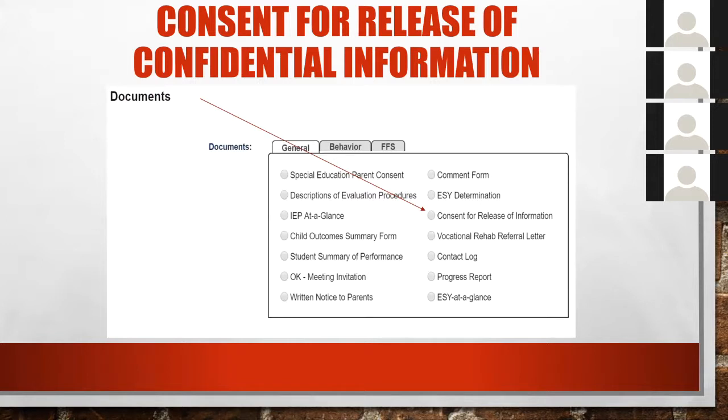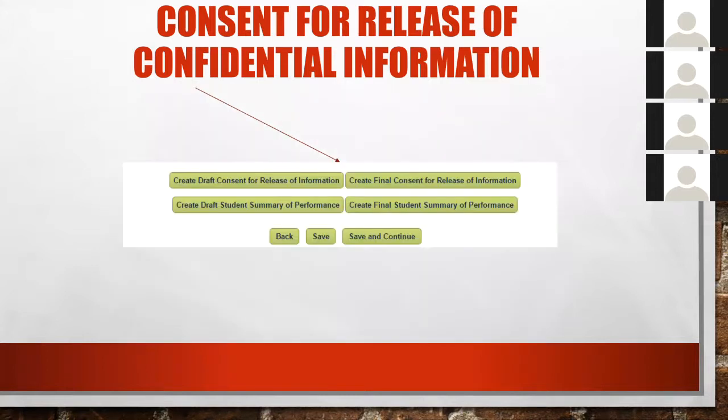So on the document tab, it can also be created by clicking on the Create Final Consent for Release of Confidential Information that's located at the bottom of the Transition Service Plan. So there's two places to access it in OK EdPlan.